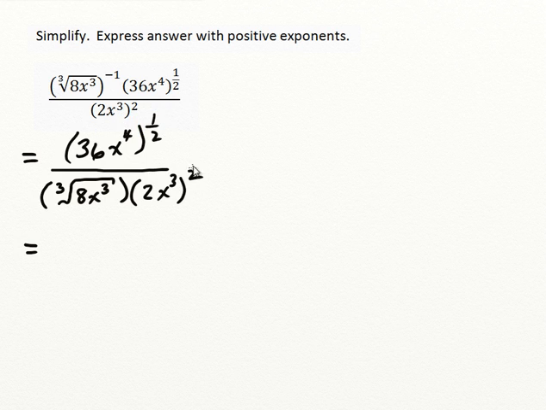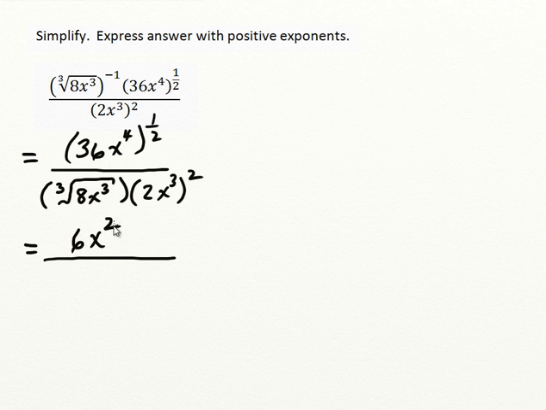Or I could just recognize that the exponent of 1/2 is asking for the square root. So what is the square root of 36x to the 4th? Well, I know the square root of 36 is just 6, and the square root of x to the 4th is x squared. So with a pretty easy simplification, I can move from that complicated looking numerator to just 6x squared.